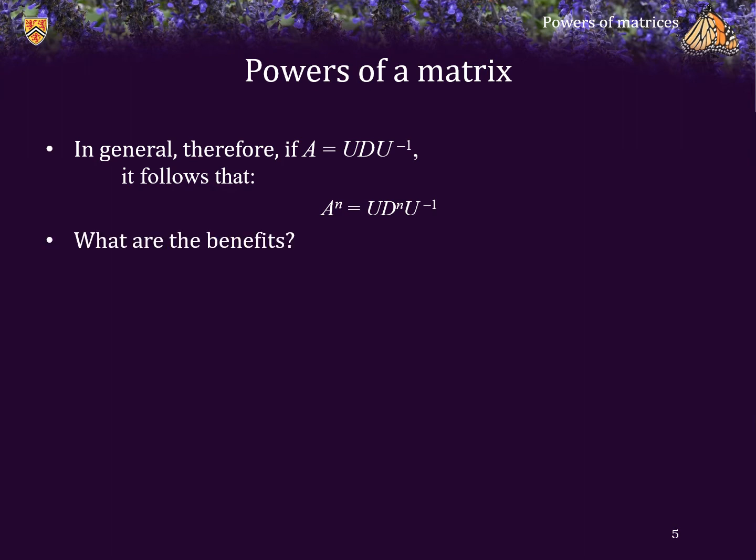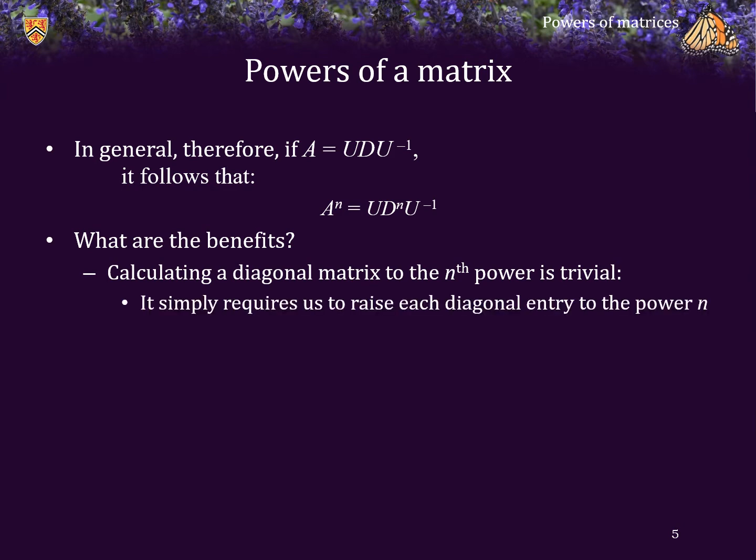What are the benefits of this? Well, in this case, calculating a diagonal matrix to the nth power is trivial. All we have to do is calculate the eigenvalue decomposition and then raise each of the diagonal entries to the power n. That can be done very quickly.